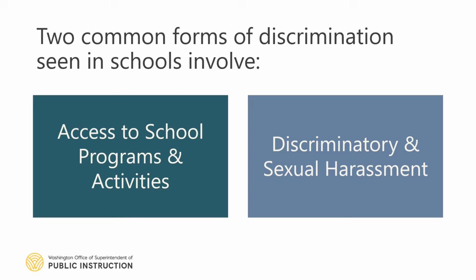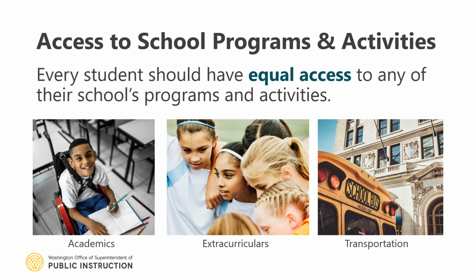Two common forms of discrimination that we find in schools involve access to school programs and activities and discriminatory and sexual harassment. Let's talk about each one in turn, starting with access to school programs and activities. The general rule is that every student should have equal access to any of their school's programs and activities.